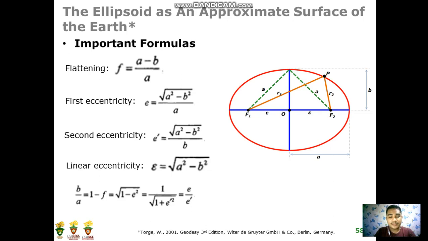So we have also this important relationship, no? That is b over a is equal to 1 minus flattening. That is also equal to the square root of 1 minus first eccentricity squared. And also, that is equal to 1 over square root of 1 plus second eccentricity squared. And also, again, equal to first eccentricity over the second eccentricity.